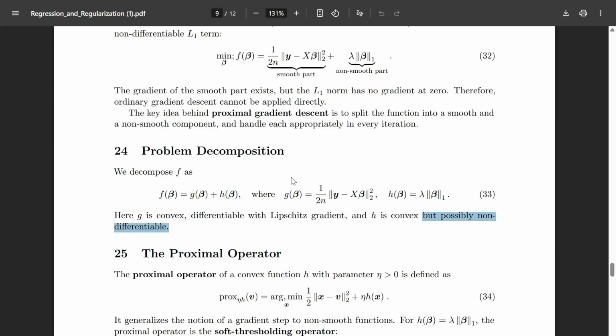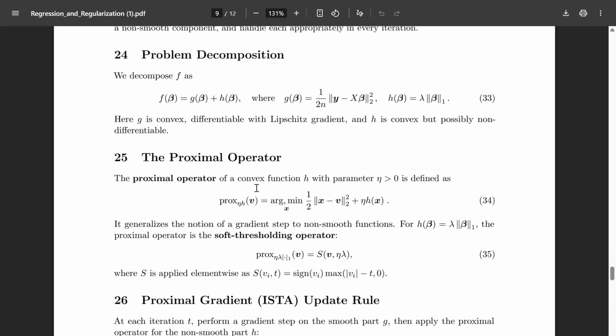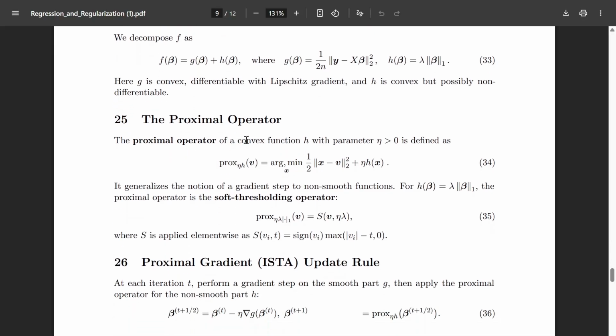Which basically means that we are dividing this function into two parts, and working with gradients in two separate sections, and we call it the proximal operator, where we have a minimizer over g and another minimizer over h. And how do you use the minimizer over h? You just use the soft thresholding operator.